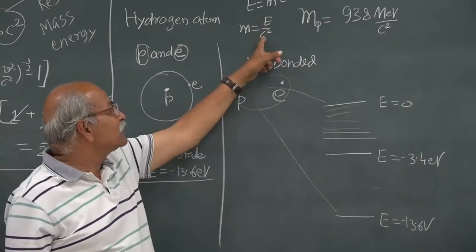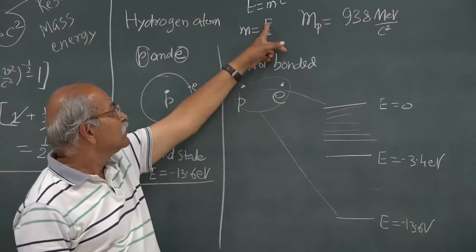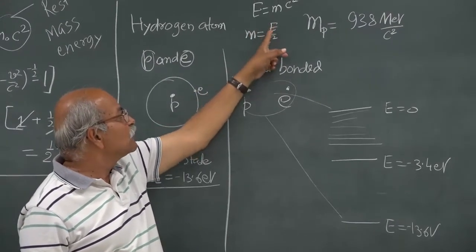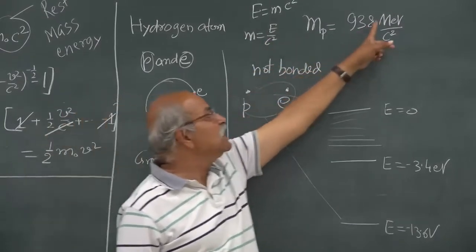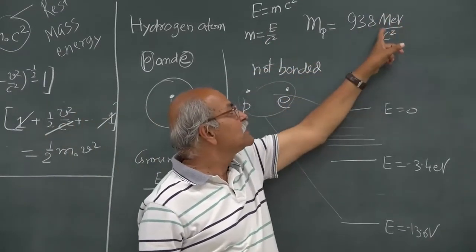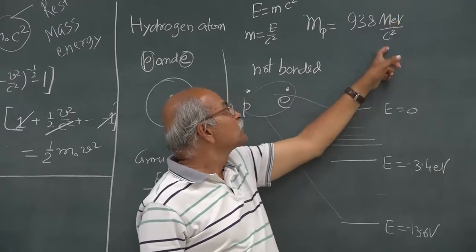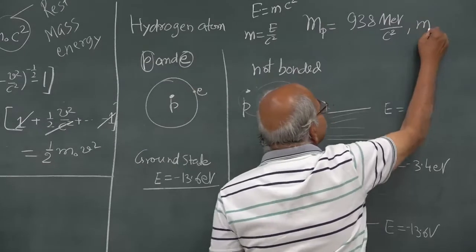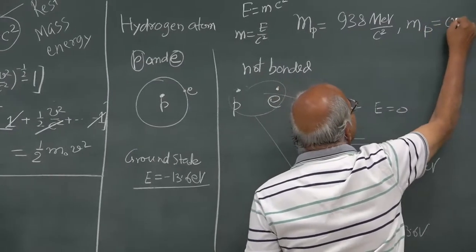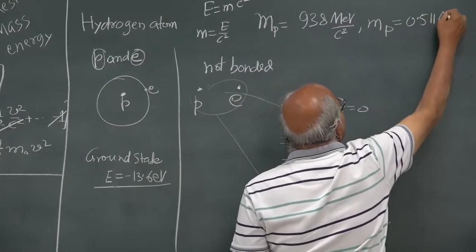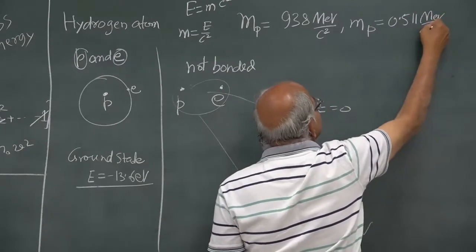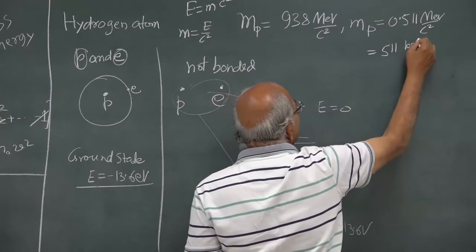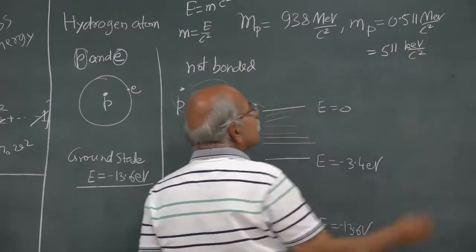So, if I measure this energy in electron volts, this unit will be electron volt by C square, and MeV is mega electron volts by C square. So, this is the unit of mass. So, the mass of the proton is this, and the mass of the electron is 0.511 MeV by C square, or 511 keV, kilo electron volt by C square, that is the electron.